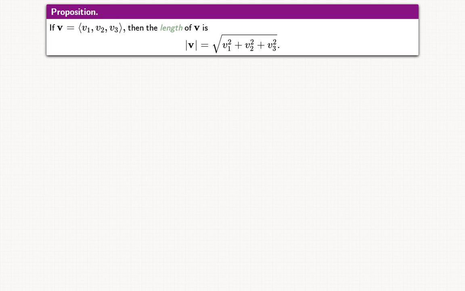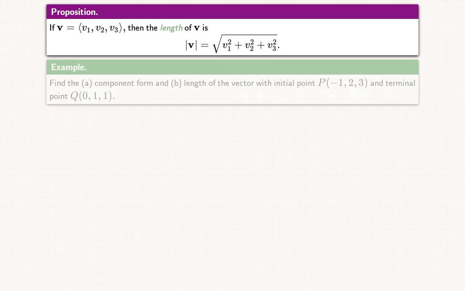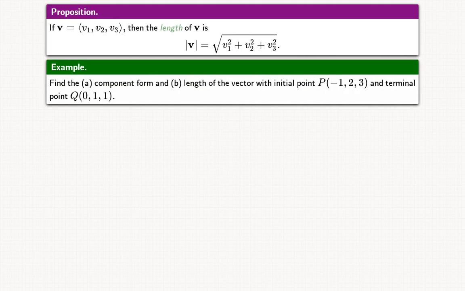So for example, let's say we were asked, find the component form and length of the vector that starts at the point -1, 2, 3 and ends at the point 0, 1, 1. So to find the component form, we'll subtract the coordinates of the initial point from the coordinates of the final point.